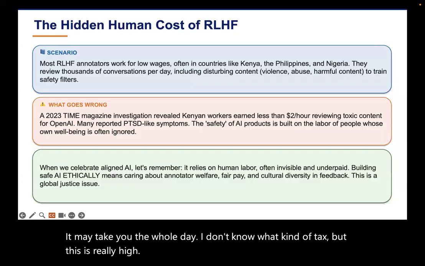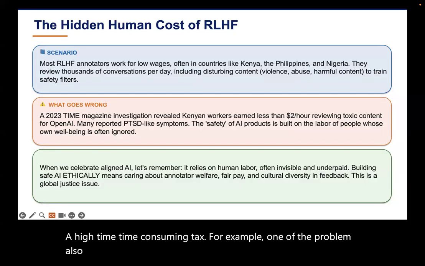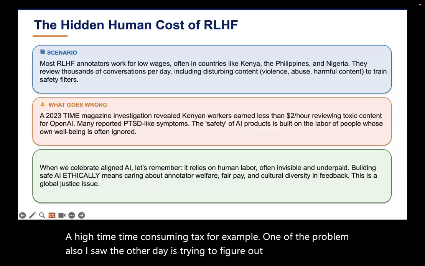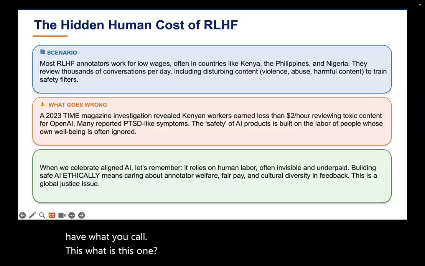time consuming tax. For example, one of the problem also, I saw the other day is trying to figure out, for example, now we have what you call um, uh, this what is this one? What is this called?